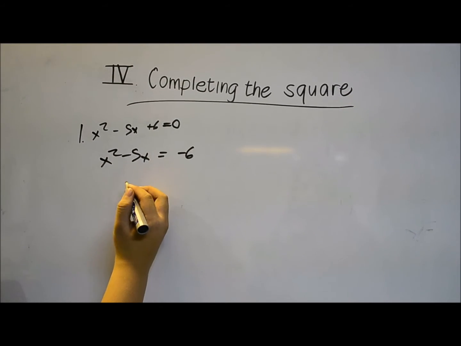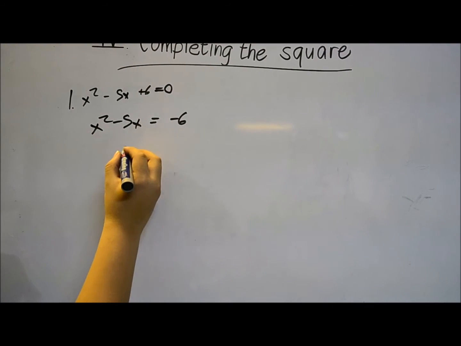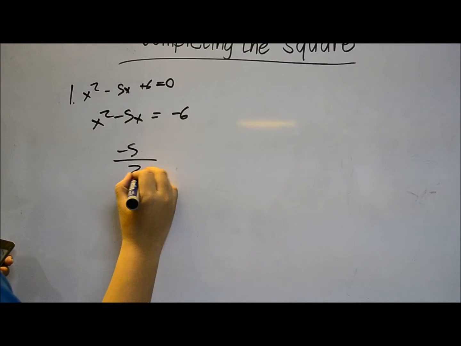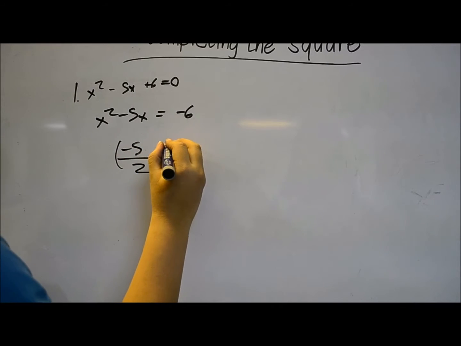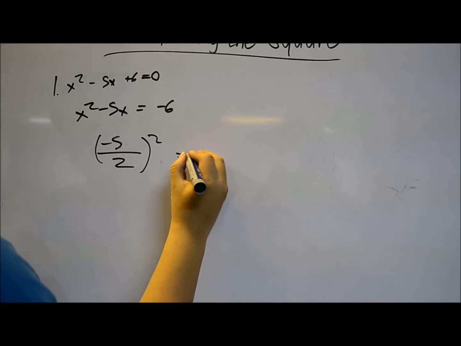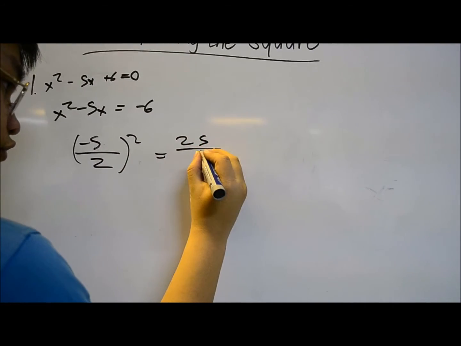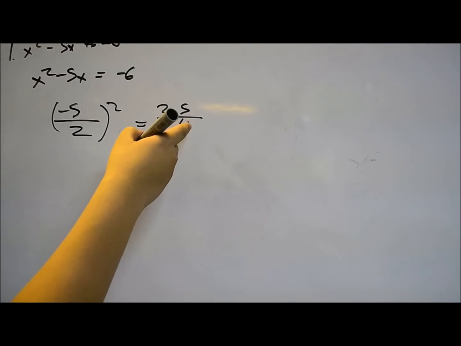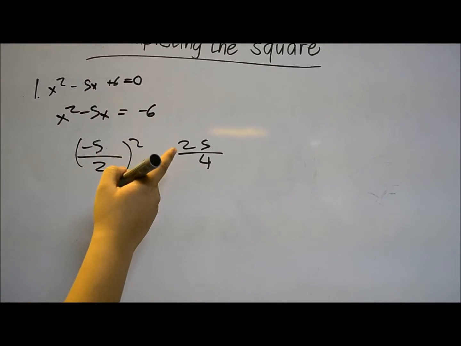We have to get the middle numerical coefficient, which is negative 5, divided by 2, then square it. The square of this is 25 over 4. Now what are we going to do with 25 over 4? We are going to add this to both sides of the equation.